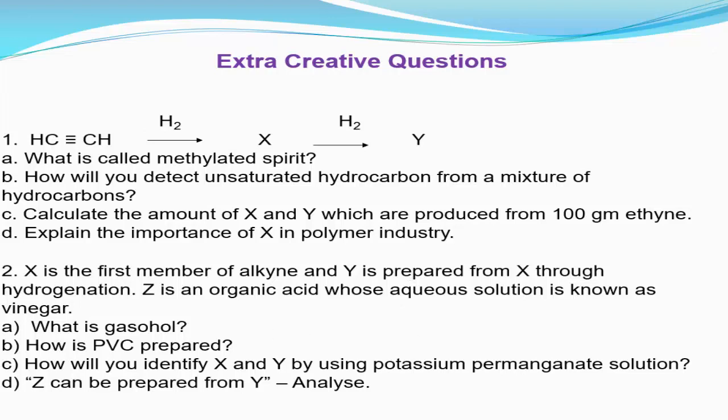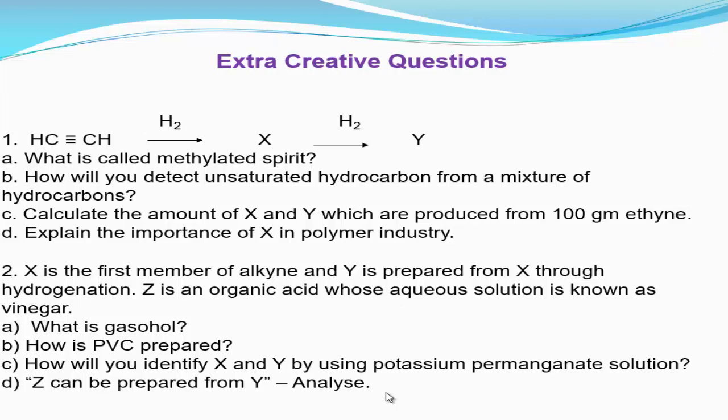Then next step, ethyl chloride when reacts with sodium hydroxide solution, then what is produced? Ethanol. So you have to write this equation. Ethyl chloride reacts with sodium hydroxide, produces ethanol and sodium chloride. Then that ethanol is oxidized by using potassium dichromate and sulfuric acid. There is produced at first ethanal, CH3CHO, and finally similar oxidation reaction occurs and ethanal is converted into ethanoic acid.